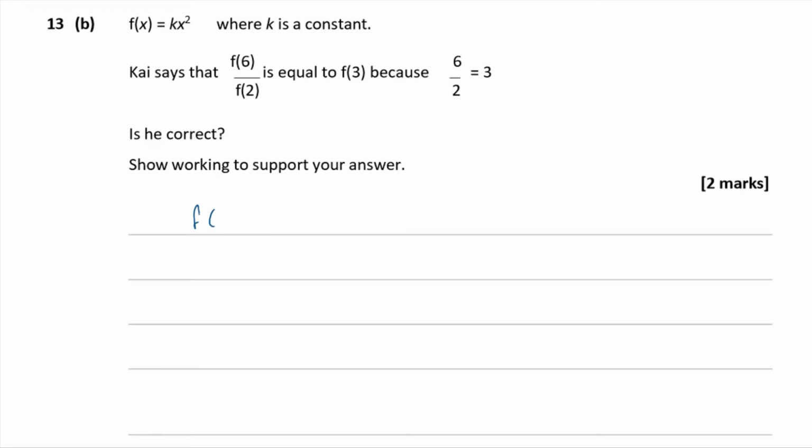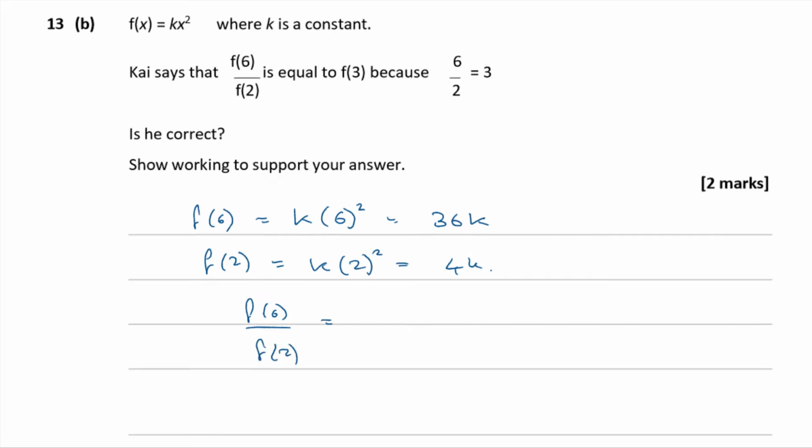What is f(6)? f(6) is going to be k lots of 6 squared, or 36k. And f(2) is going to be k lots of 2 squared, or 4k. So f(6) divided by f(2), that's going to be 36k divided by 4k.